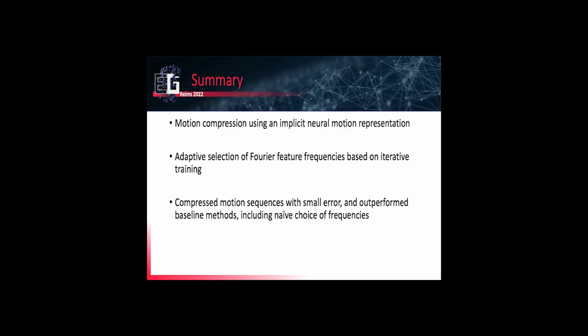We tested our algorithm on the CMU motion capture database and showed that it can compress motion sequences with small error and outperformed baseline methods, including naive choice of frequencies and SVD.